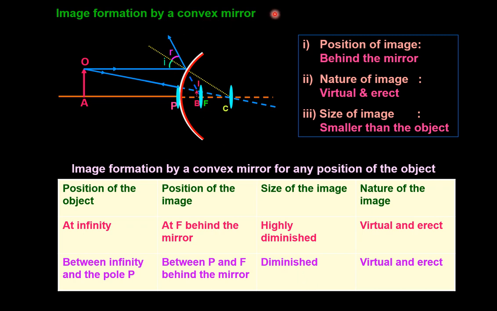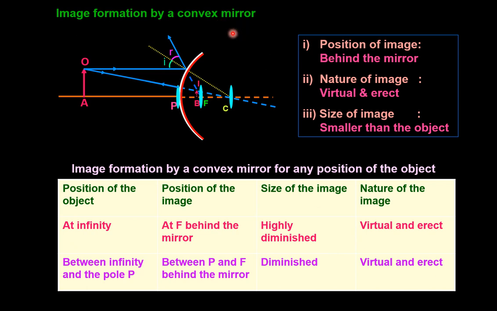Virtual and erect fall in both categories of convex and concave, but the answer depends on whether the image is asked to be diminished or magnified. If they are asking for virtual, erect and magnified image, then you have to go for a concave mirror. Otherwise, if they are asking for diminished, virtual and erect, then you have to go for a convex mirror.